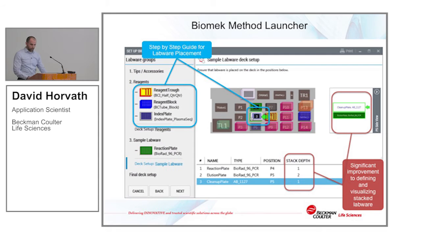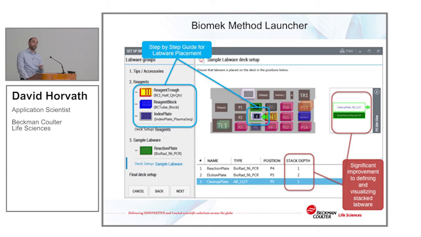One of the great benefits of Biomek Method Launcher is what we call guided labware setup. If you're familiar with our existing instrument setup, it's basically a flat two-dimensional representation of the deck, and it can be a little bit difficult to know what labware is where. The names don't have hover over capability, to hover your mouse over the plate and have it indicate what the plate name is or what the labware type is.